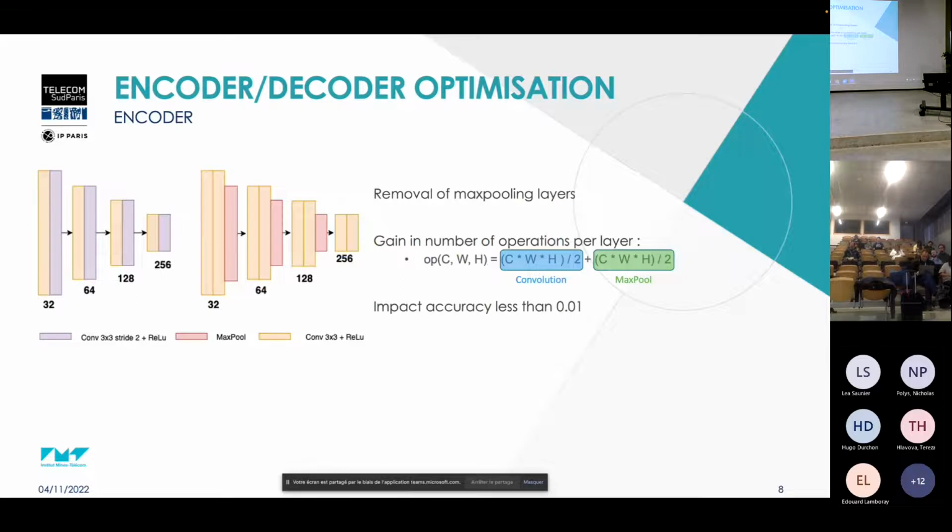The first optimization on the encoder part is just to remove some max pooling operations, and we use convolution with a stride of 2 to reduce size. The ResNet model uses the same optimization on its first layer.